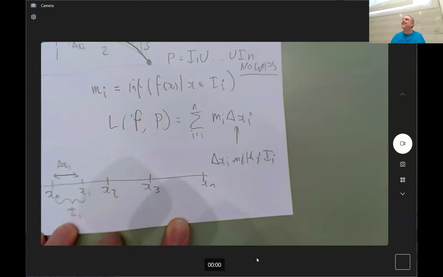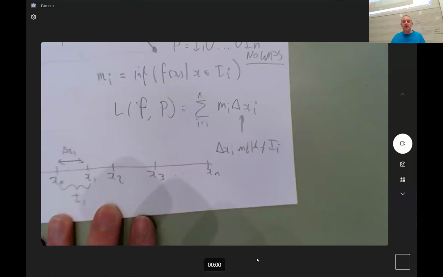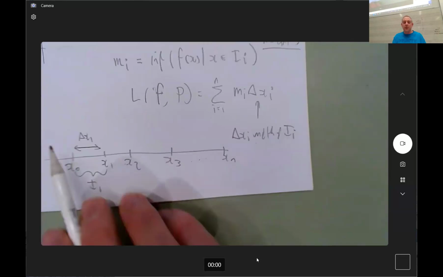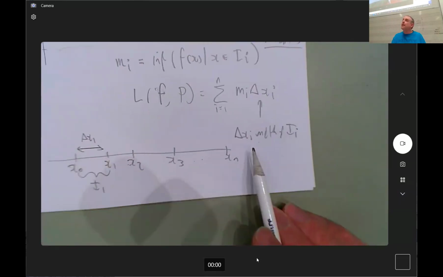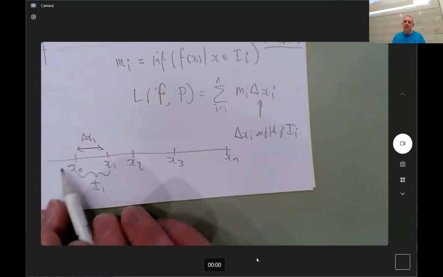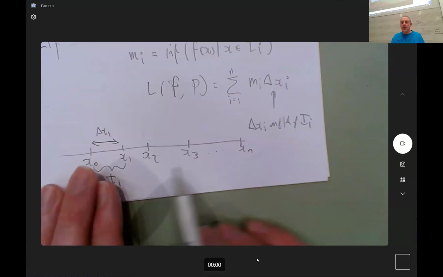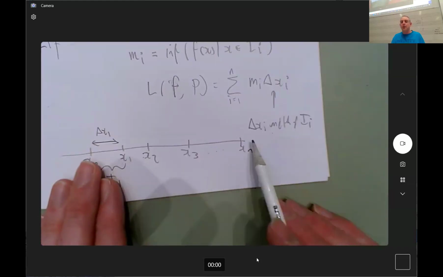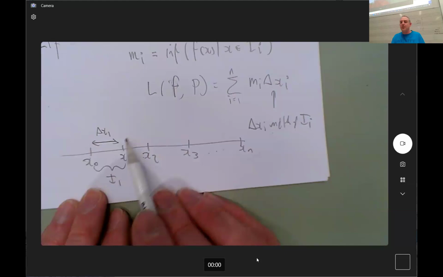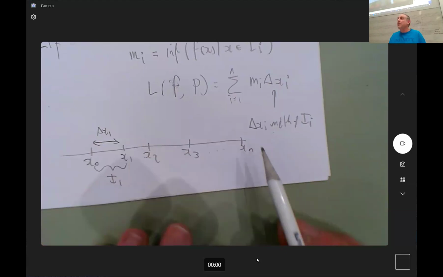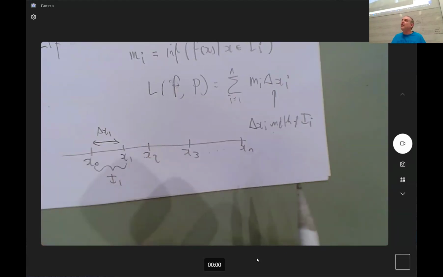Good question. That's one of the reasons why your lecturer doesn't talk about them as intervals and talks about a list of x's. Because you have a list of x's that starts at the beginning of the big interval and ends at the end of the big interval, and then has all these x's in the middle, and all the intervals are the spaces between the x's. And so there's no gaps because that's just how you define it.